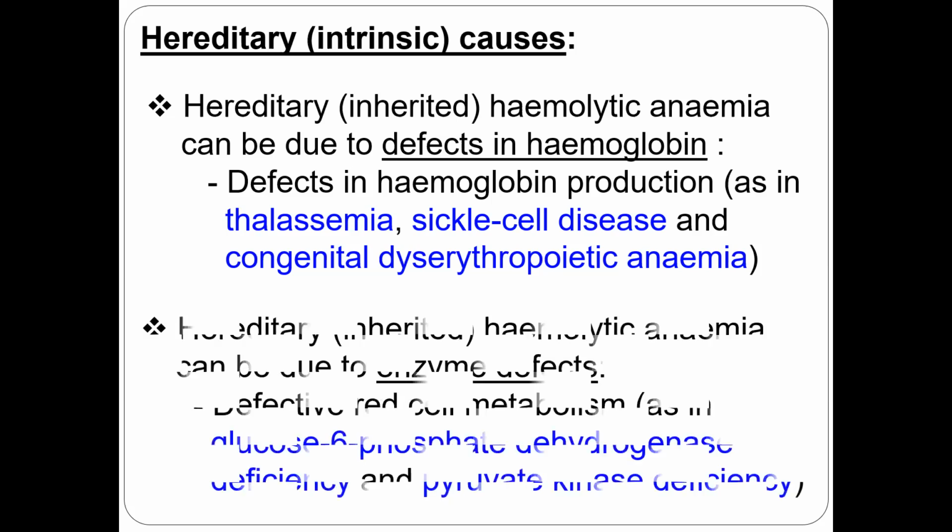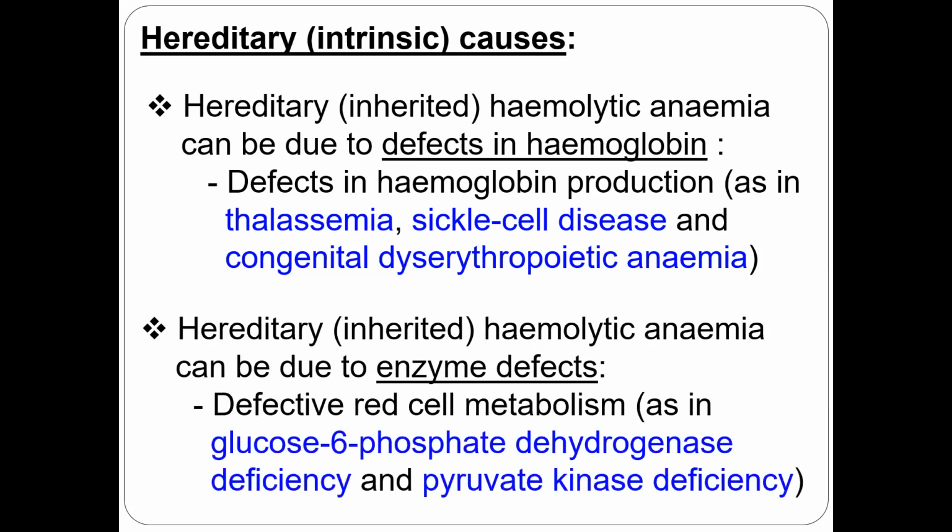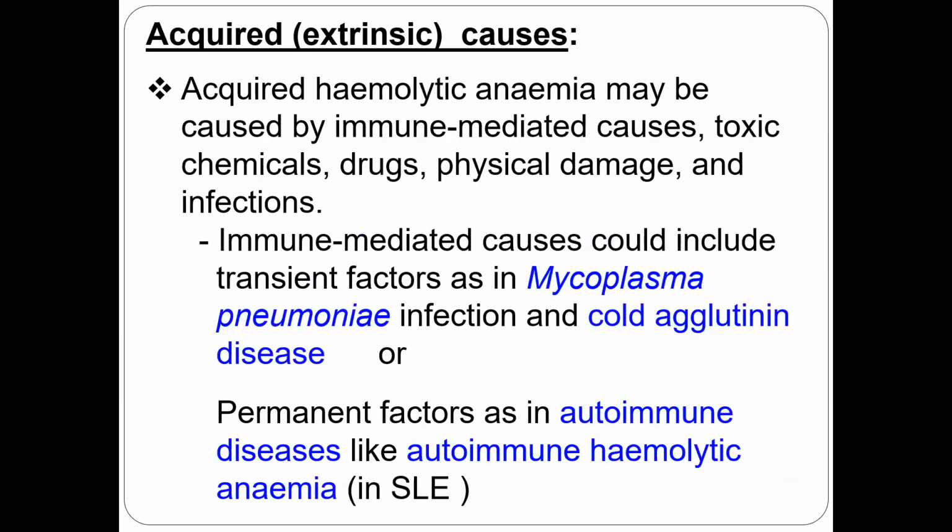All right. So moving on, where were we? Acquired, which is the extrinsic causes. Acquired hemolytic anemia may be caused by immune-mediated causes. There can be toxic chemicals, drugs, physical damage, and infections.